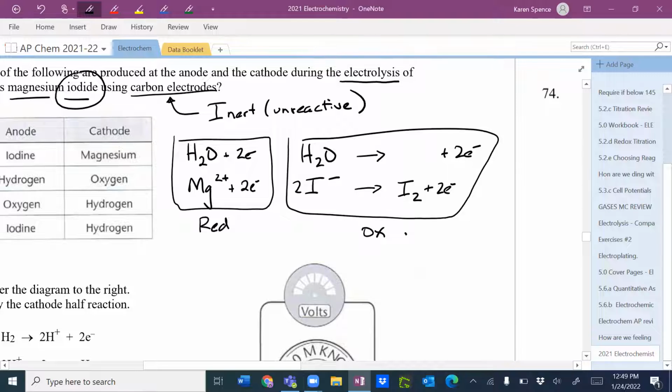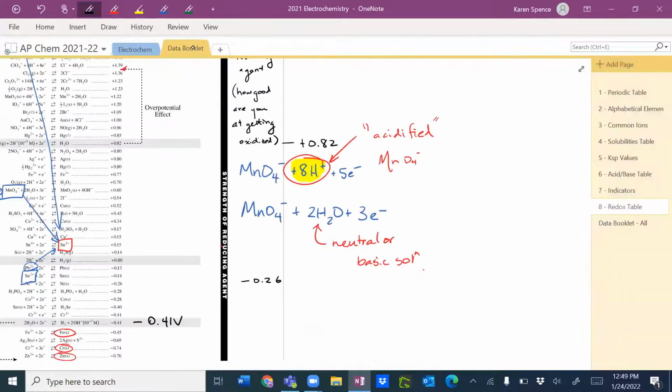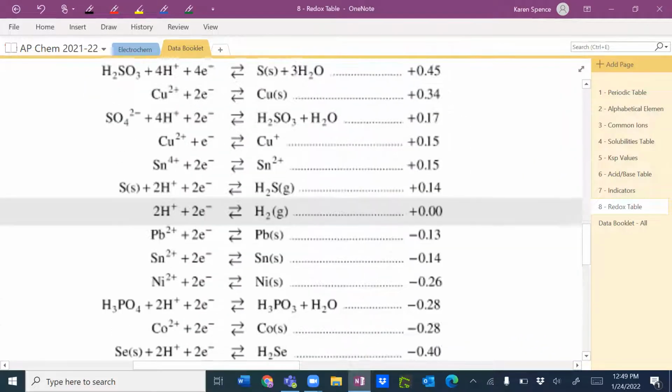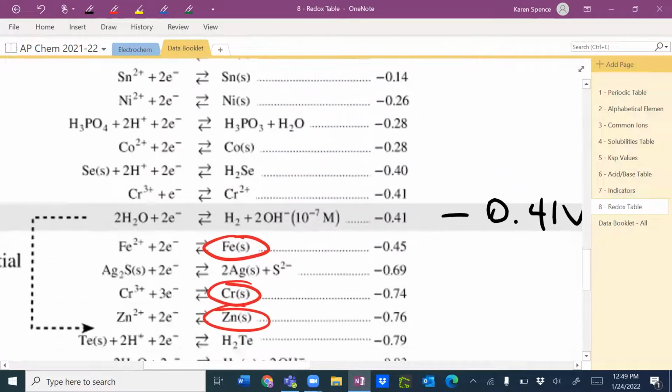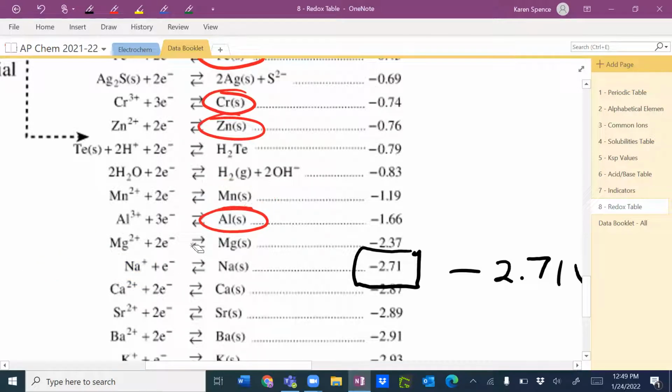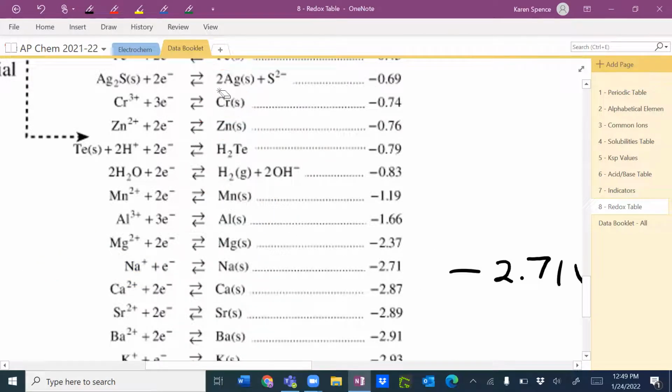So let's go look. We have I- and Mg2+. So here is our chart. Our Mg2+ is quite far down, I believe. Yes, it is. So Mg2+ is here. And so we are looking at reduction.